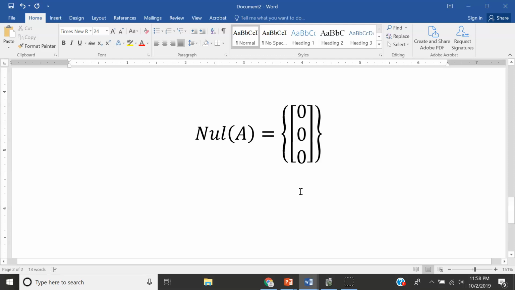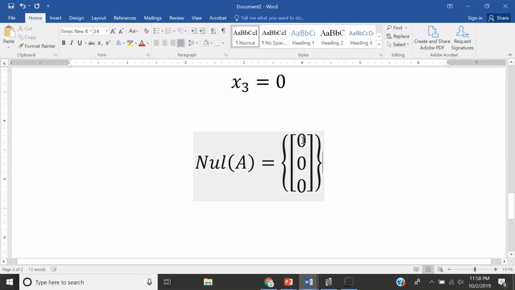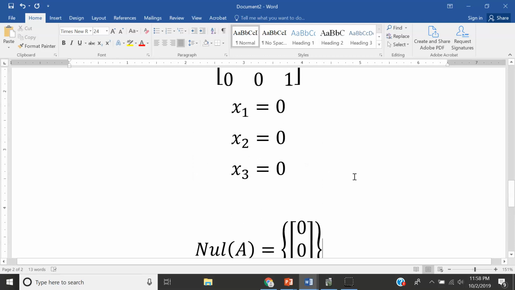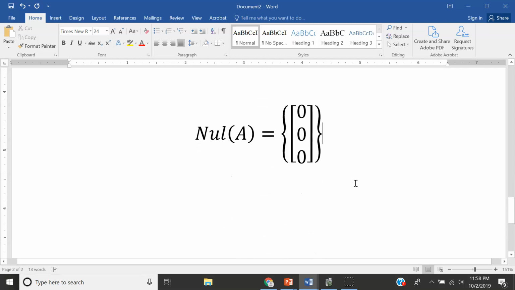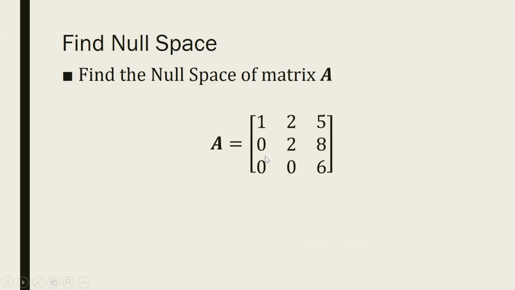So if you remember, this was the trivial subspace of a vector space. So this null space is the trivial subspace. So there we go. The null space only contains the 0 vector. The null space of this matrix, anyways.